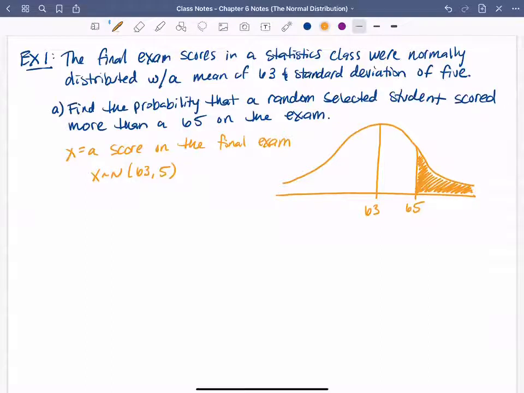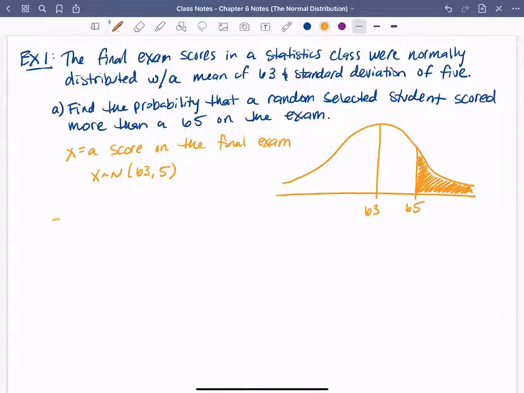So first, we want to find the z-score. And what the z-score is going to tell us is how many standard deviations away from the mean that 65 is, but it's also going to tell us what percentage lies in that standard deviation, right? Because it's not always going to be a z-score of 1 or a z-score of 2. What happens when the z-scores are not nice whole numbers?